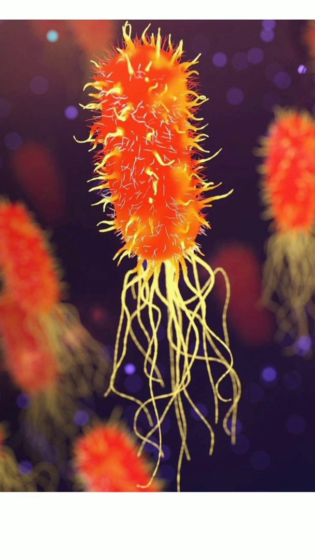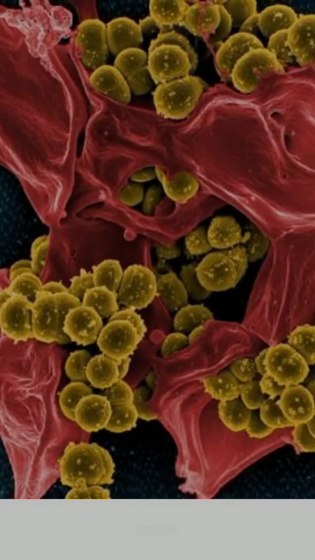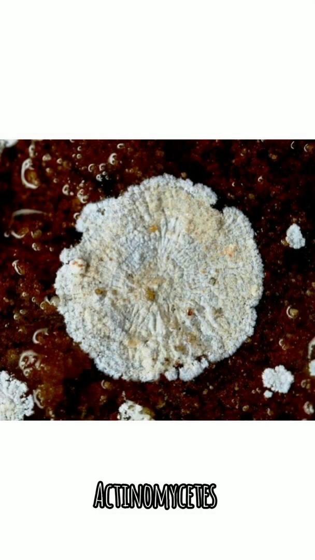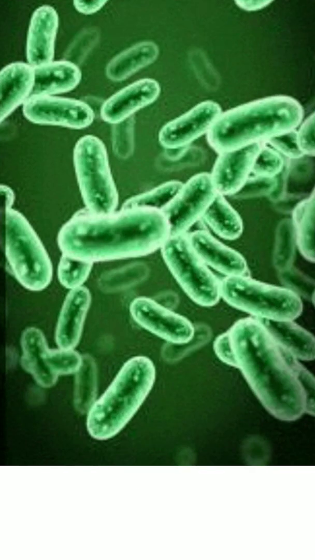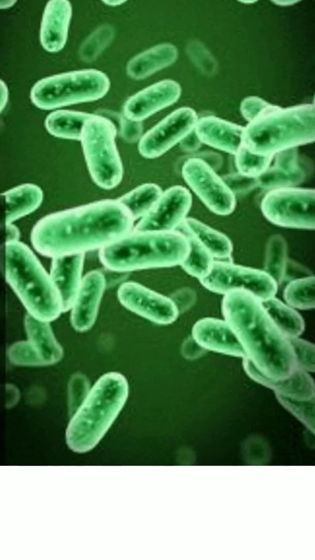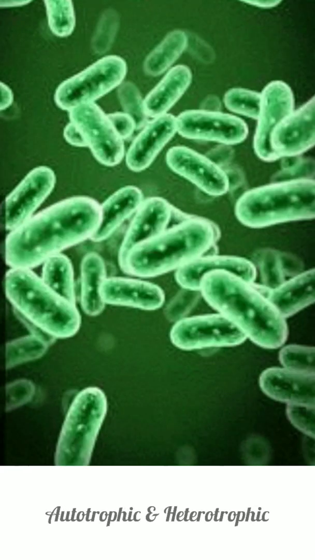Kingdom Monera. Monera includes prokaryotes such as bacteria, mycoplasma, actinomycetes, cyanobacteria, also known as blue-green algae. Bacteria are the sole members of the kingdom Monera. They are autotrophic and heterotrophic in nature. Majority of them are heterotrophs.